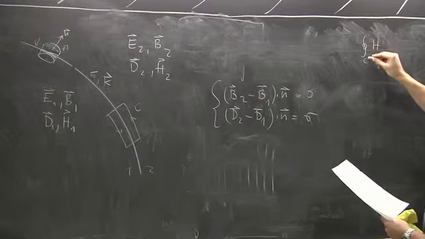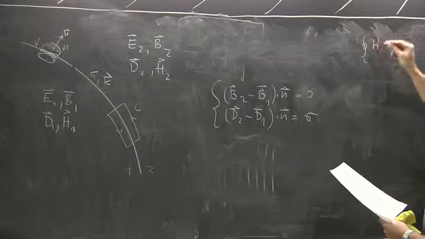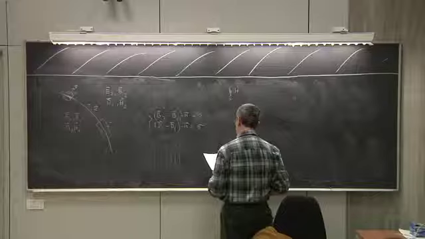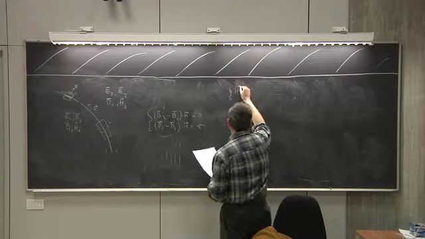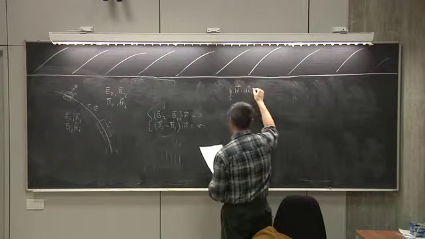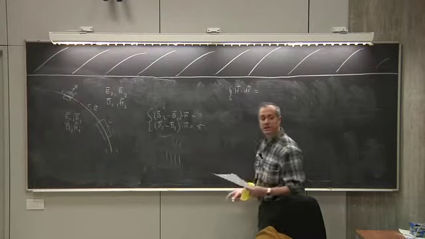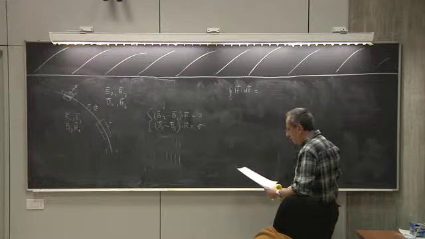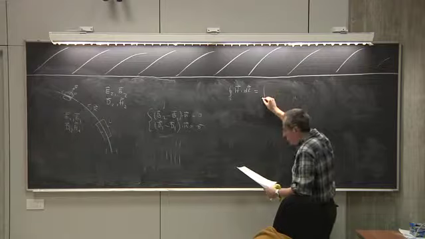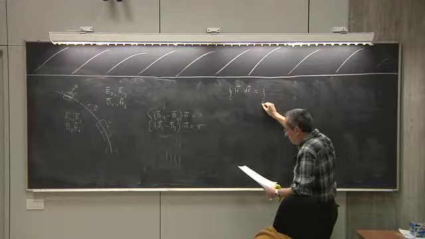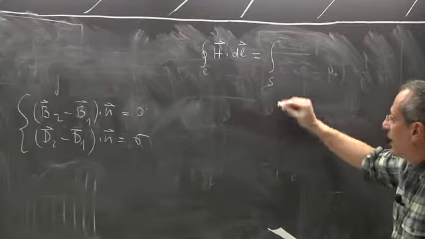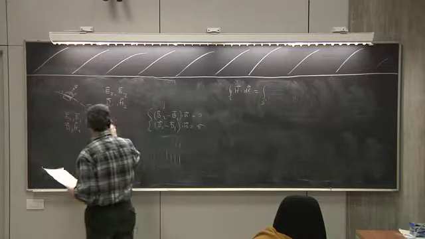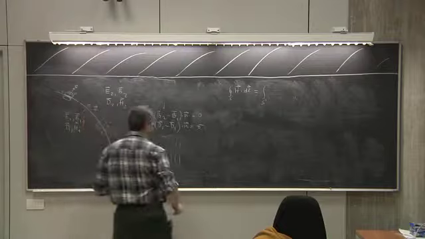Now it's not a surface integral, it's a circulation, it's called a line integral along this closed loop of H along this loop, right? And I know what this is because I know Maxwell equations that we already wrote. This is equal to a surface integral around, so S. So I guess I should call this S prime because S was this, so this is S prime.